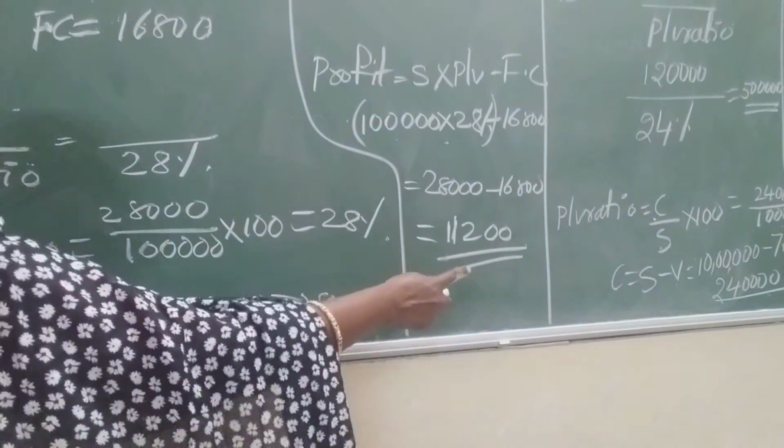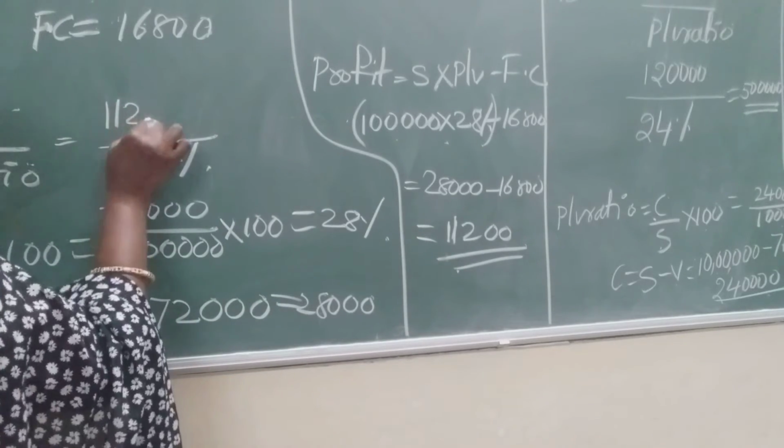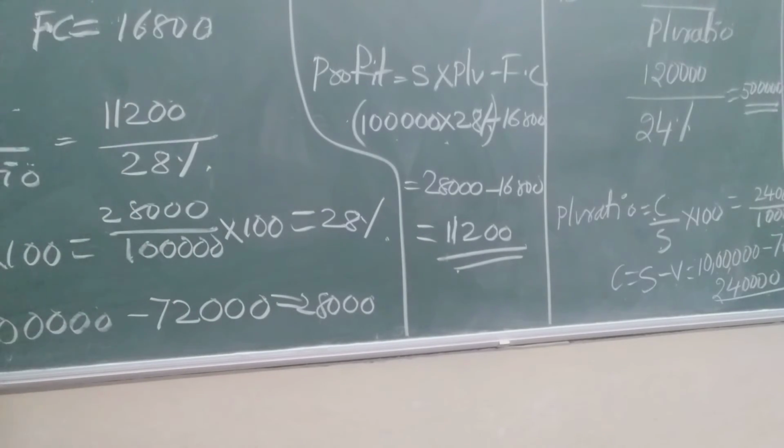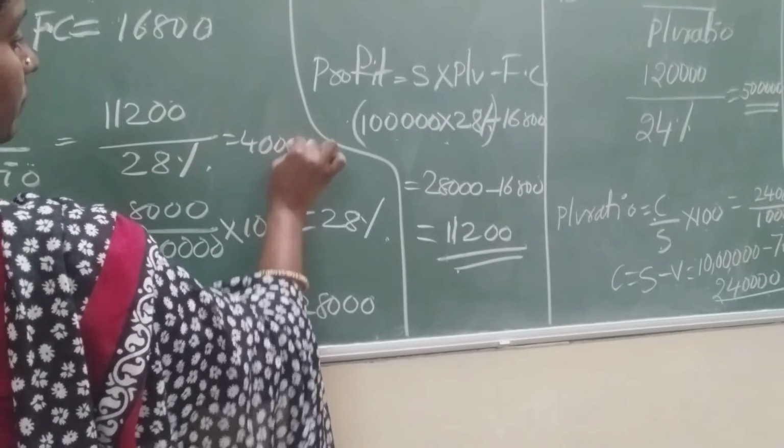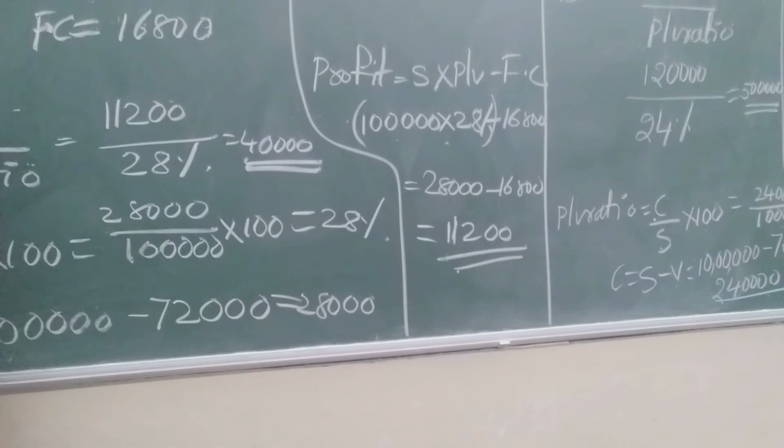Okay, 11,200 you got, so 11,200 is the profit. 11,200 by 28% you should do. So you are getting 40,000. So 40,000 is the final answer.